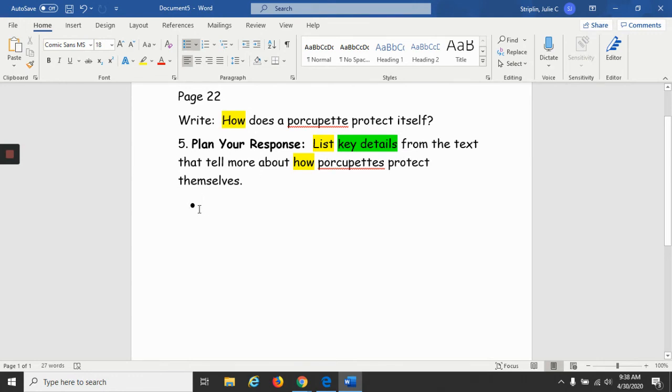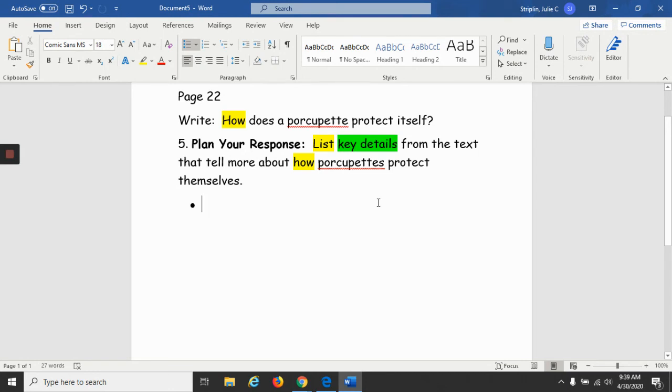And if you will notice right here, this little dot, we call them bullets. When I make a list, I like to use bullet points. And so I'll have my bullet point, and then I will type beside it one of the things that a porcupine does to protect itself.